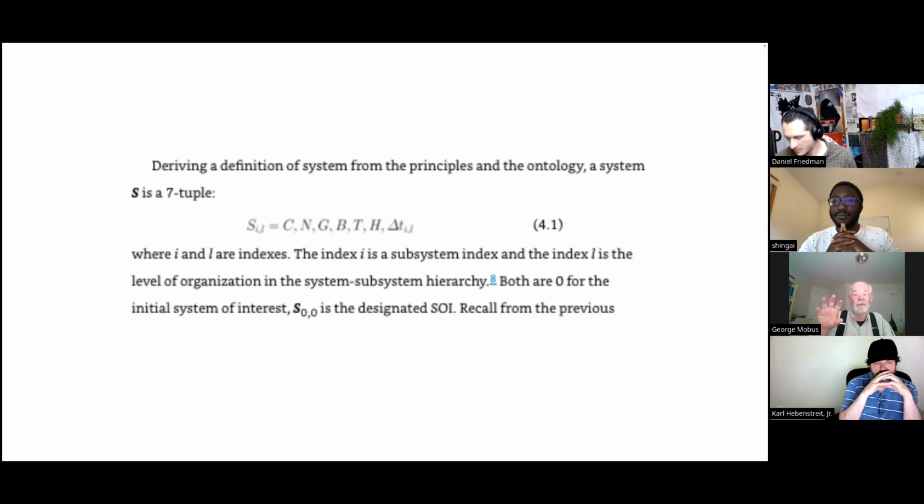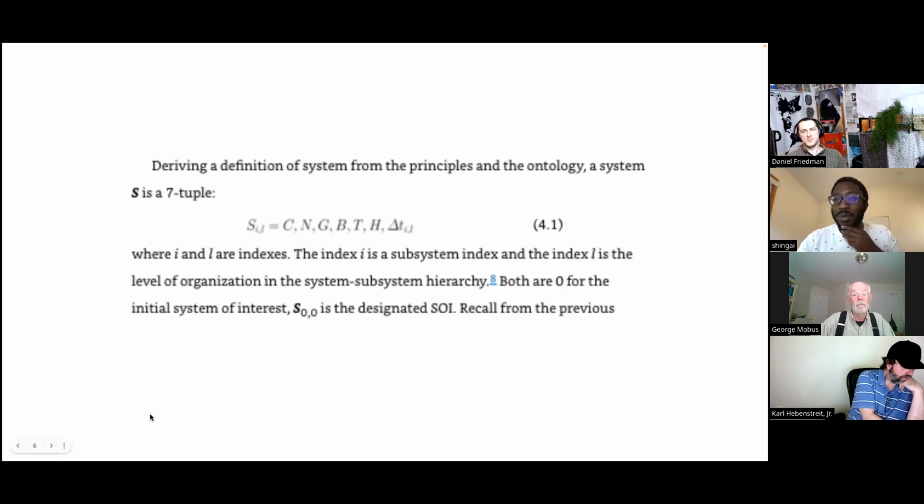So anyway, it's important to note that this equation 4.1 goes along with a subsequent equation that defines that recursive structure. Yep. In that context, I will add an additional slide describing that because that is a really important piece of the puzzle. Thank you.